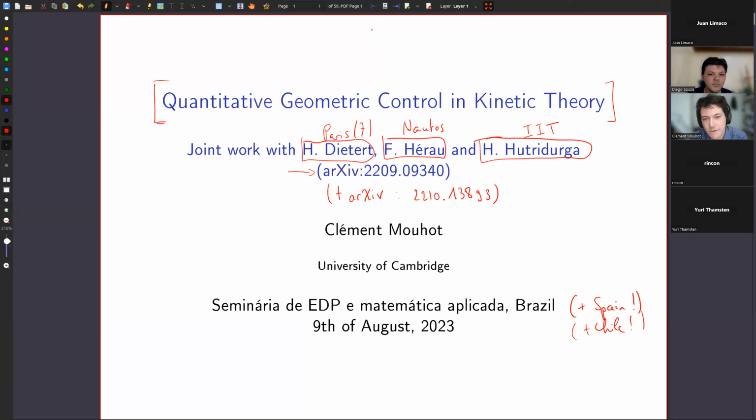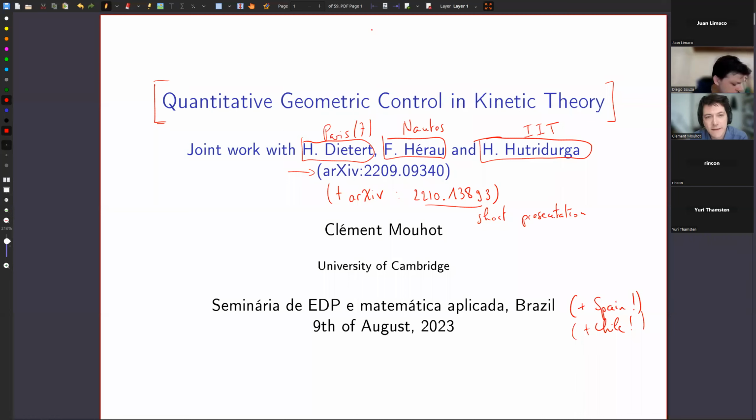The full paper is on the archive, and you have here a shorter presentation note, if you want to just look at a simpler case.